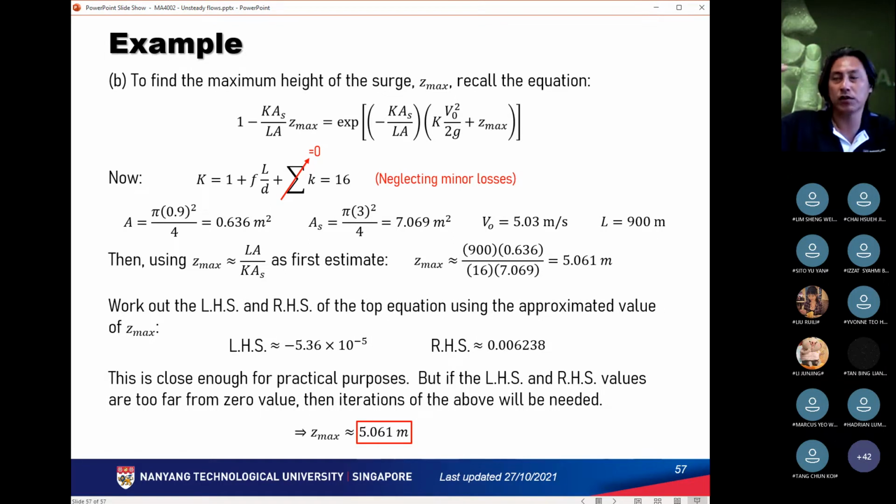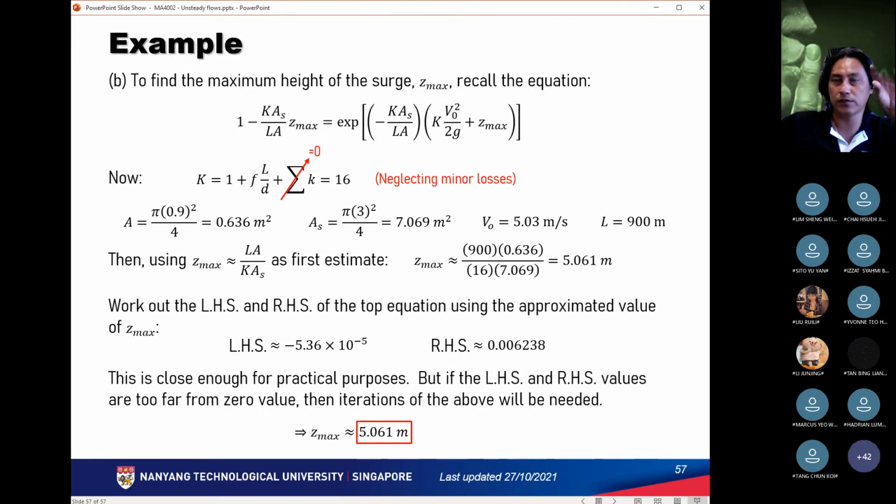So it's better that when you do all this trial and error, you have a table. Put them in a tabulated manner. Let's say the first column will be the value of Z, the second column will be LHS, the value of the left-hand side, and the third column will be RHS, the value of the right-hand side.